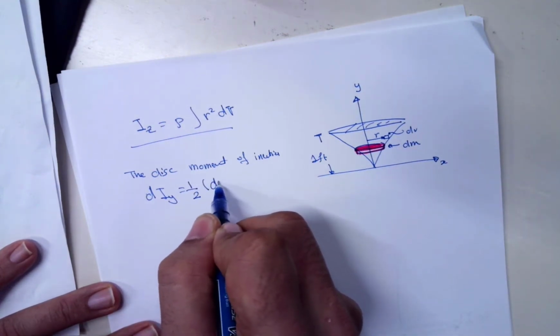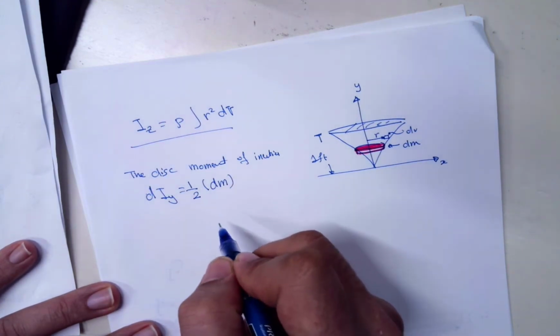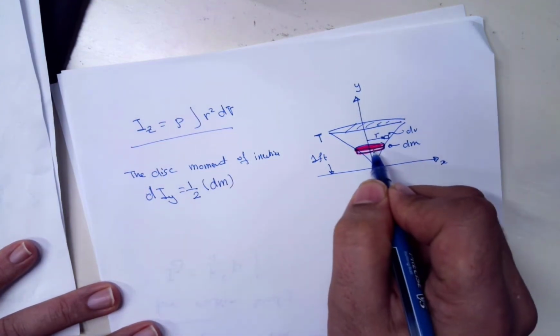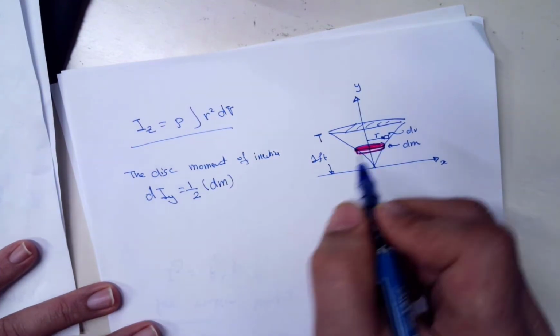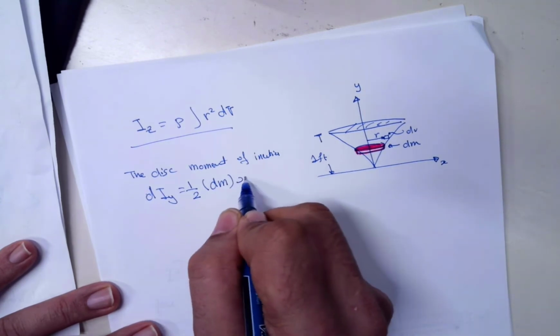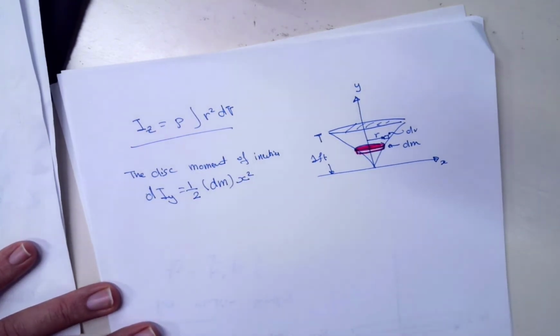So it's dm multiplied by r square from the previous problem, where r square is the radius of that, and that radius is variable, so it's x square, since r square is equal to x square.